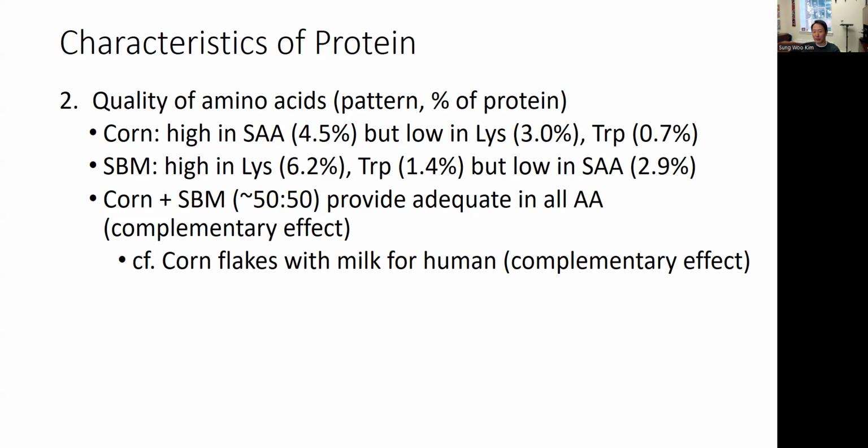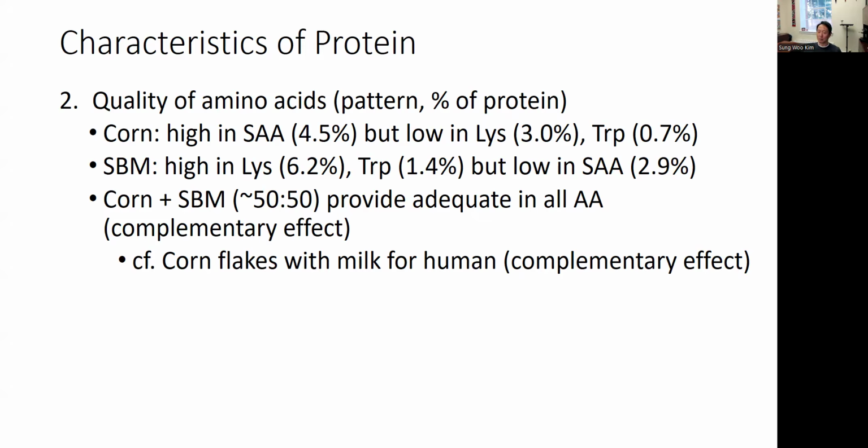In animal feed production, you can see that corn and soybean meal are often the two major components in animal feeds. Why? Because of that reason, complementary effects.